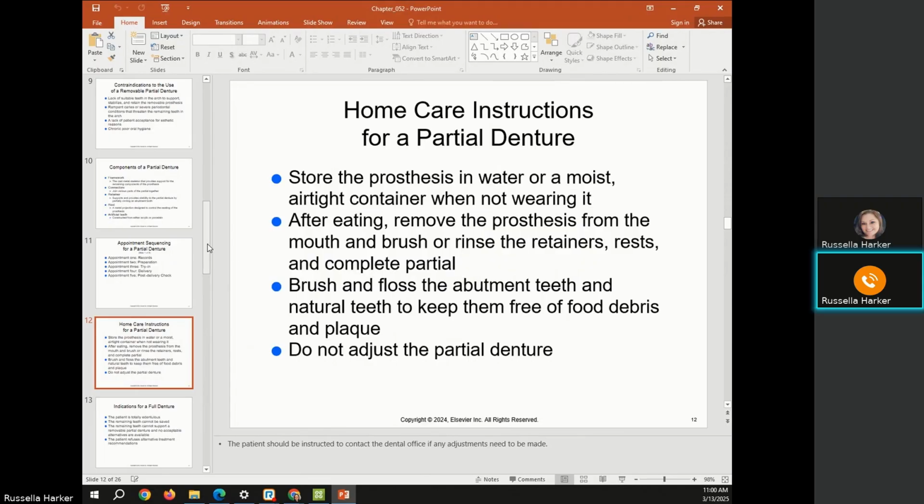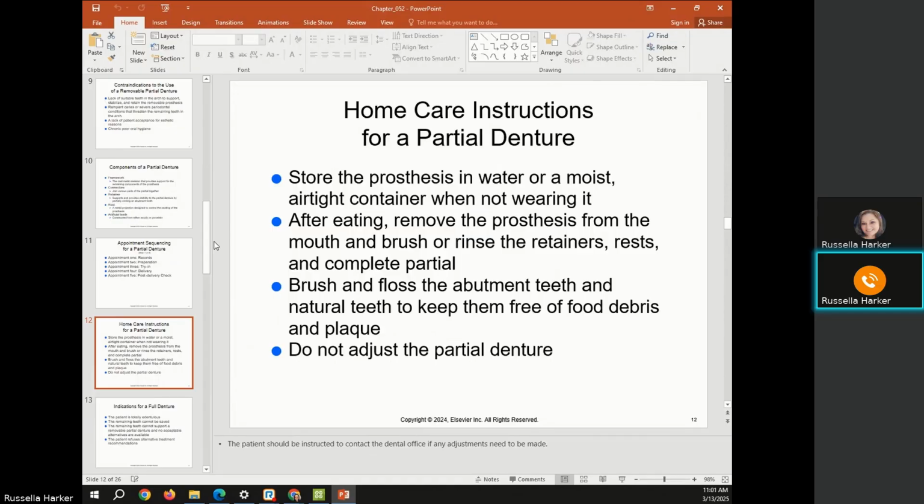After eating, remove the prosthetic from the mouth and brush it or rinse the retainers, which are the clasps, the rests, and the complete partial. Everything should be brushed and rinsed. If they can't brush it, at least rinse it with water and rinse their mouth. But they should be brushing all of the remaining teeth in their mouth and the appliance every time they brush.